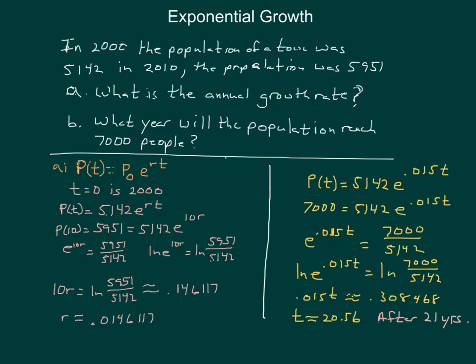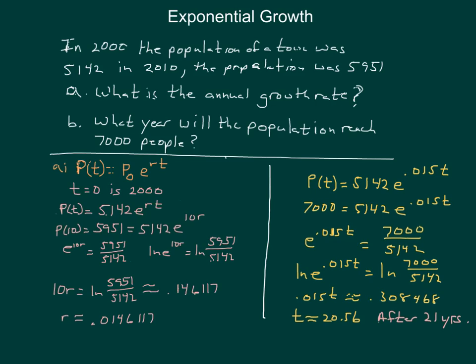Remember when we dealt with these in the last section, we would solve for the exponential. So I get e to the 10r is 5,951 divided by 5,142. Taking the natural log of both sides, I get that the natural log of e to the 10r is 10r, equals the natural log of 5,951 over 5,142.